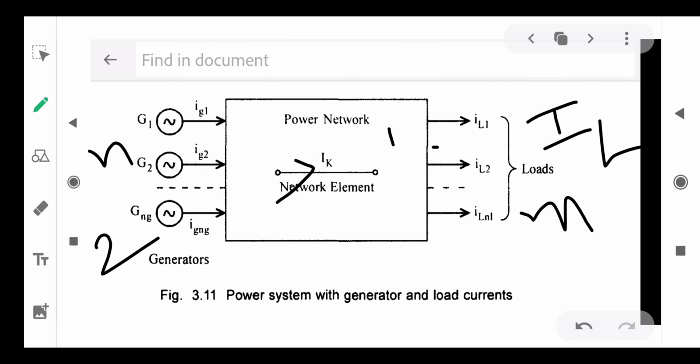Let us consider an interconnected power system, a big network, in which a number of generators are considered, sigma Pg, and the total load is taken as IL. Each transmission line will carry some current, IK1, IK2 and so on. Therefore all generators will meet the load along with the transmission line losses.